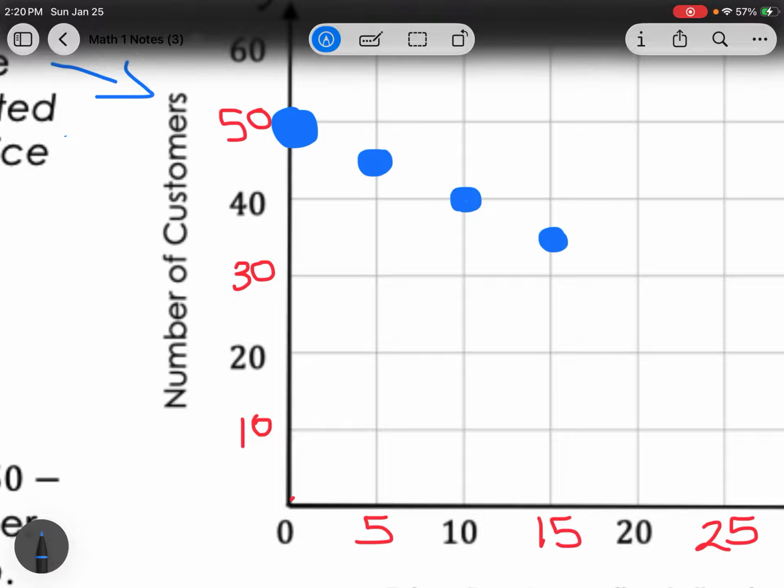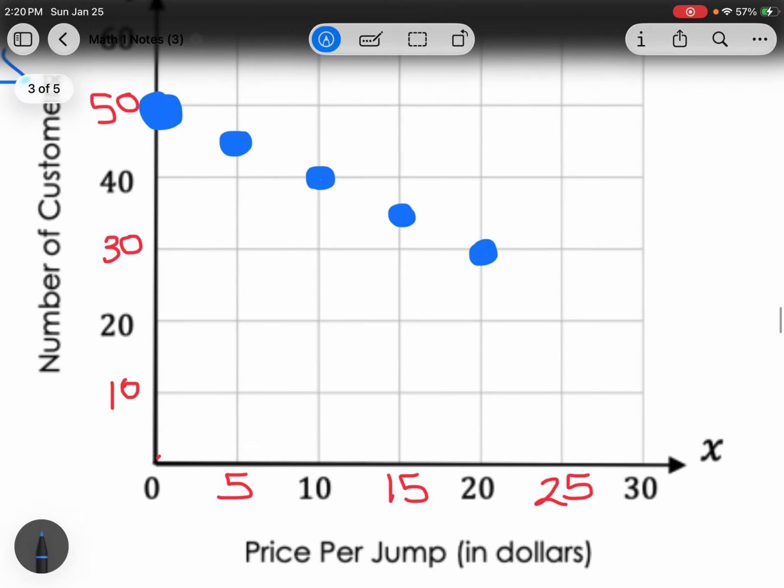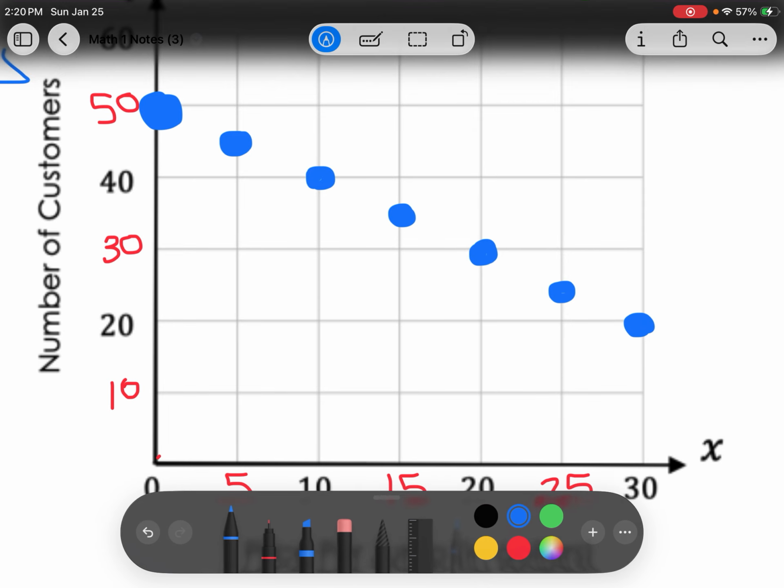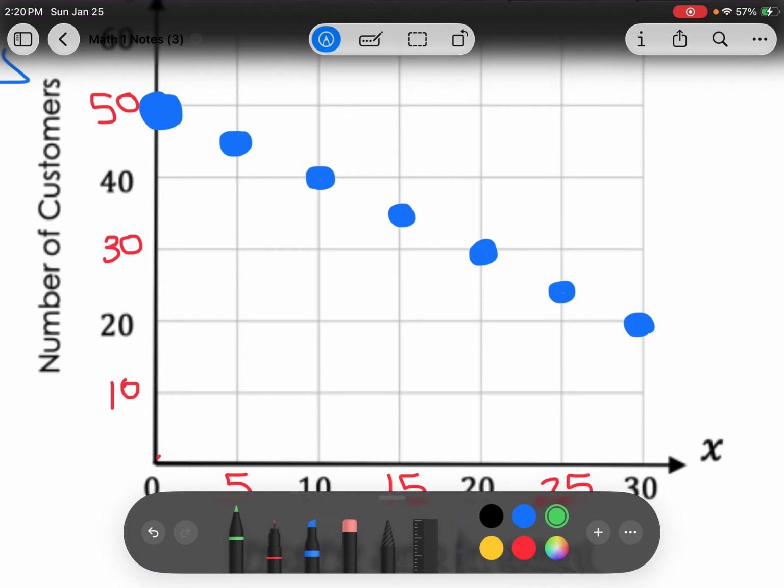If we had $20 a jump, we would have 30 customers. If we had $25 a jump, we would have 25 customers. Pretty weird. If we had $30 a jump, only 20 people would come. As we can see over time, our amount is decreasing.